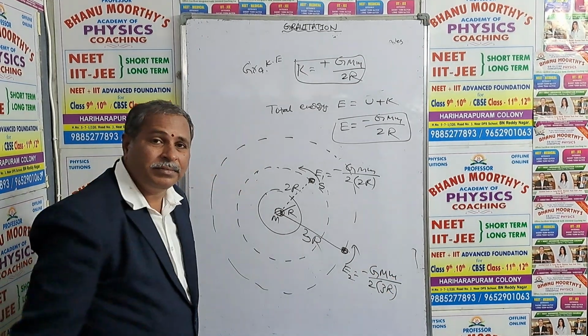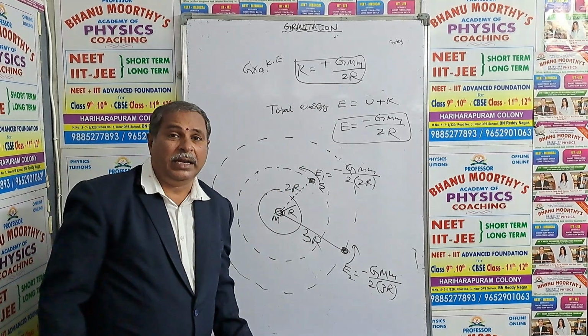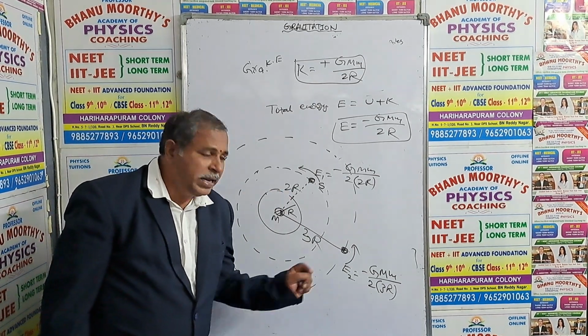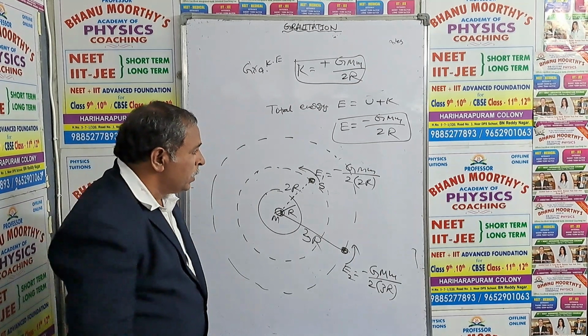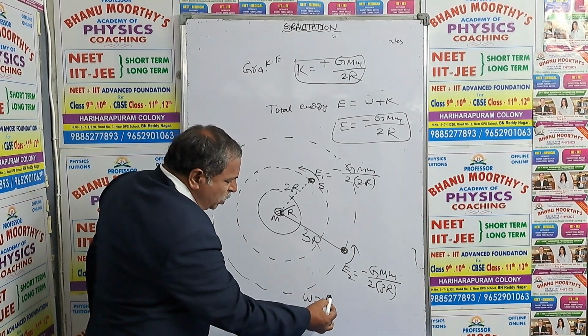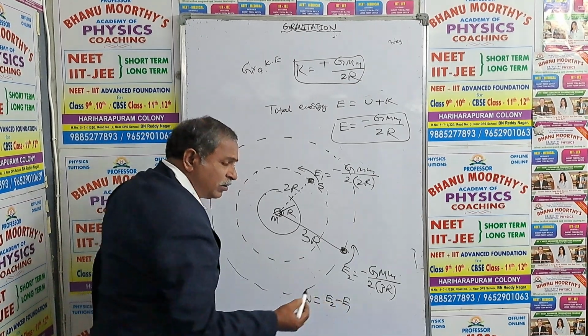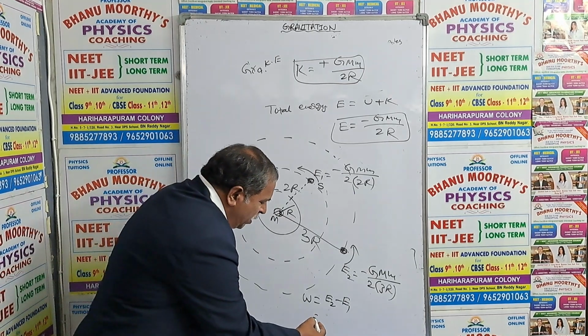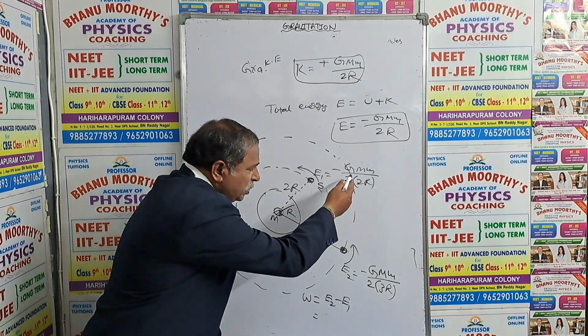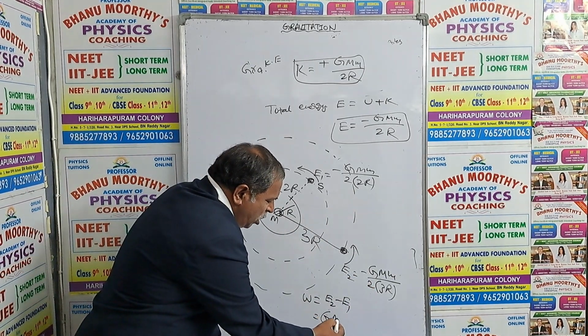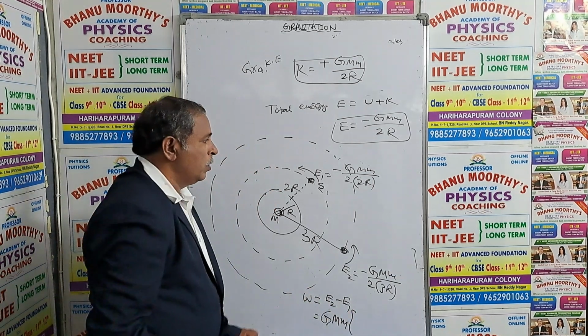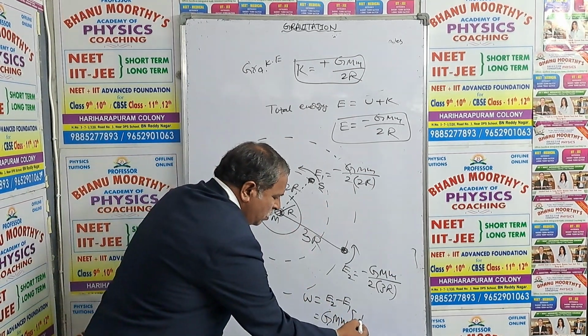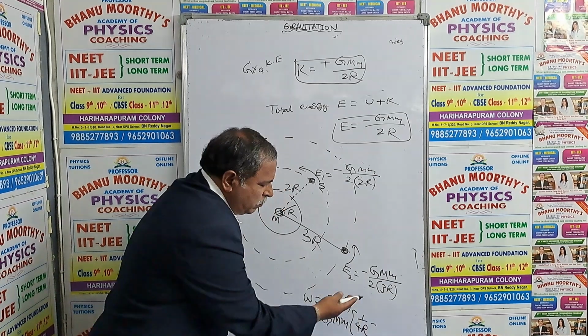Then the work done equals E2 minus E1. That's all. E2 minus E1 is positive, with GMm common, so 1 by 4R minus 1 by 6R.